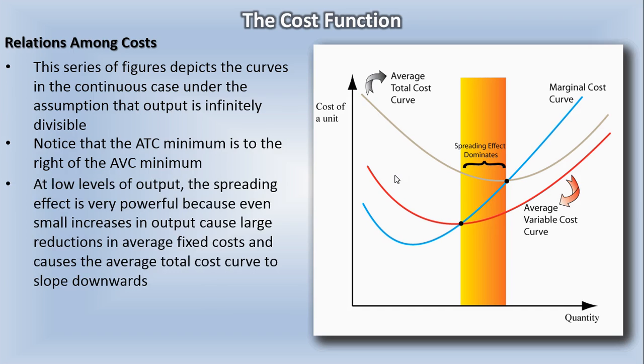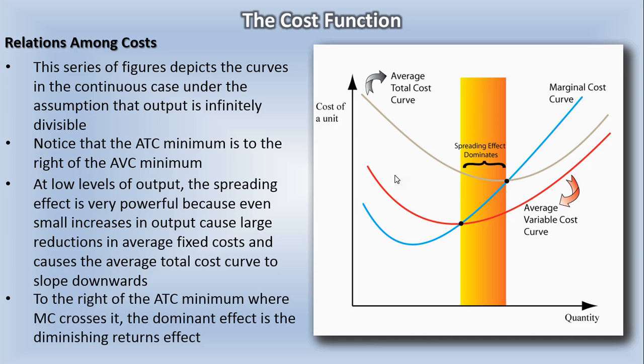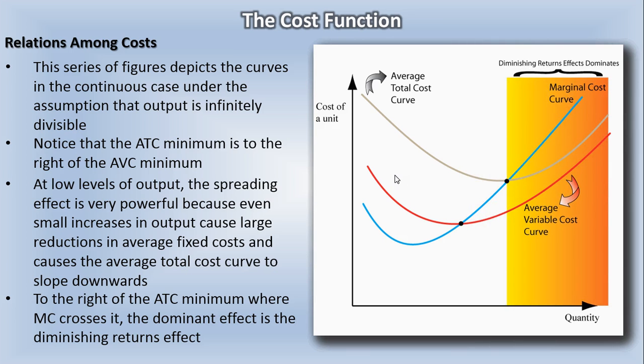At low levels of output, the spreading effect is very powerful because even small increases in output can cause large reductions in average fixed costs and cause the average total cost curve to slope downwards. To the right of the average total cost minimum, where the marginal cost crosses it, the dominant effect is the diminishing returns effect. So beyond that point, diminishing returns effect dominates and brings up the average total cost of production.